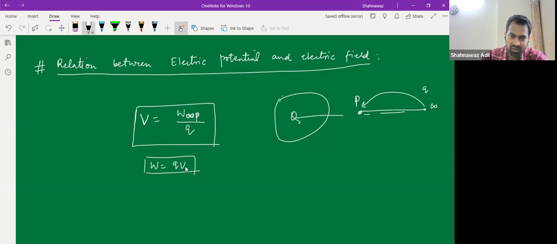But whenever we have a potential difference, the work done would be Q(VB minus VA). This we will come to later.